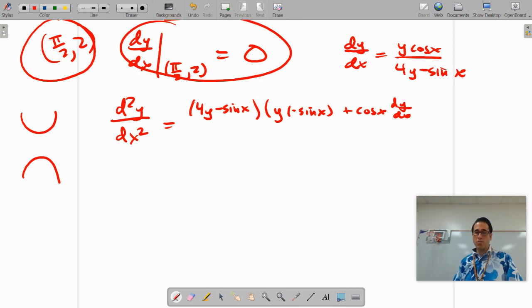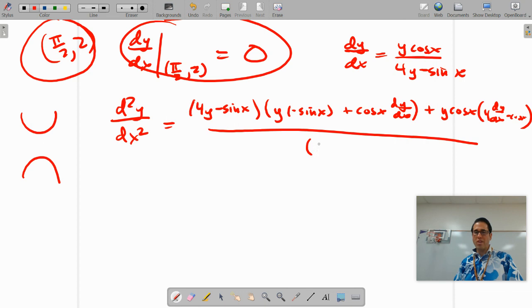So that's not too bad. Then it's plus the high times the derivative of the low, which would be 4 dy/dx, and then minus cosine x, all over low squared. That wasn't horrendous, right? And then you're just going to plug and chug.